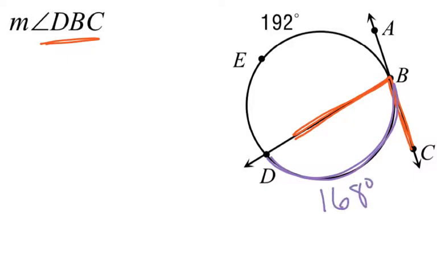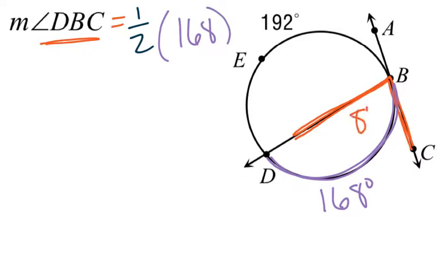Okay, and then the formula from the very beginning said that that angle is equal to half of the intercepted arc. So the measure of angle DBC is equal to half of the arc that's inside of it, which is 168. So that's what the formula says. That's all I have to find. So I got that that was 84 degrees just from knowing the formula.